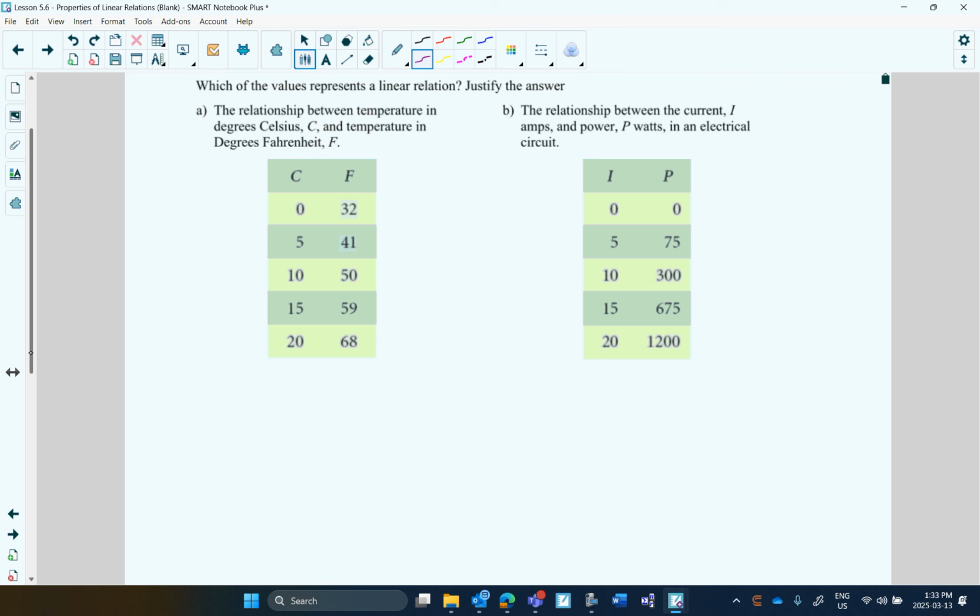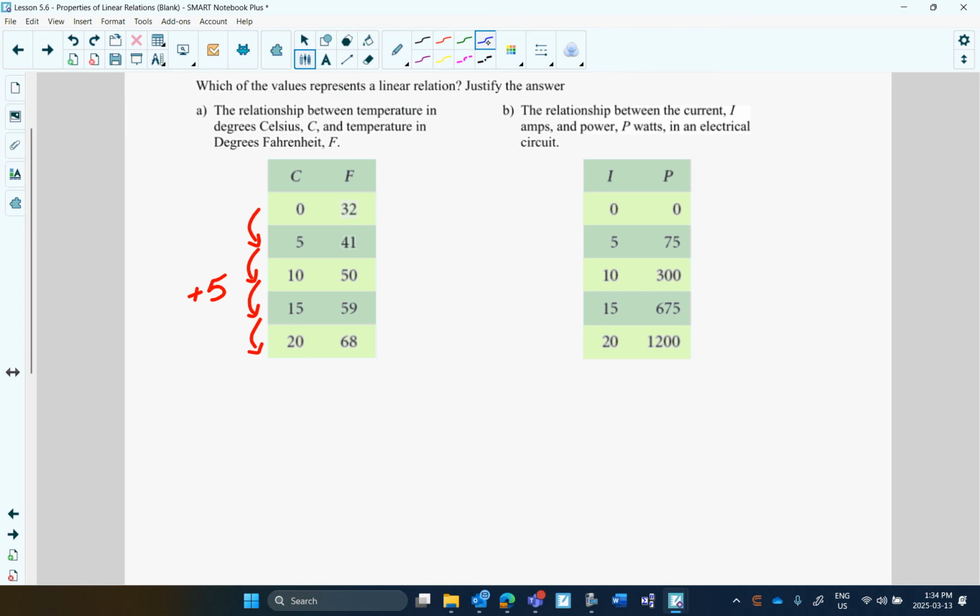Is this first one linear? What are the domain values going up by every time? 5. And it's constant. 5, 5, 5. So it's plus 5. I know that that's part of being linear, but as that one goes up by a constant, so does the other variable.